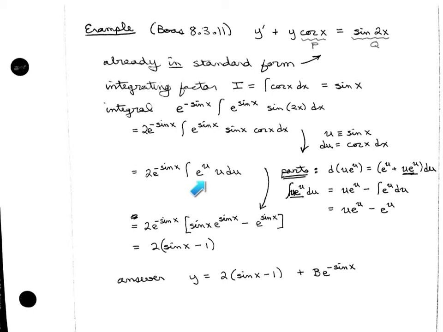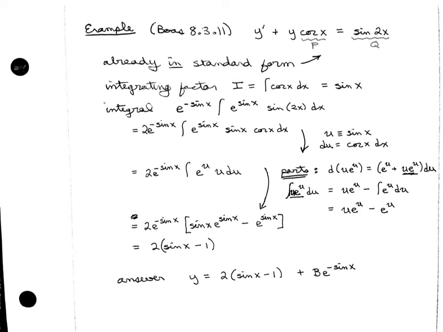In this form, it seems like it might be a good idea to employ integration by parts, which then shows that the integral of u e to the u du will yield this result here.